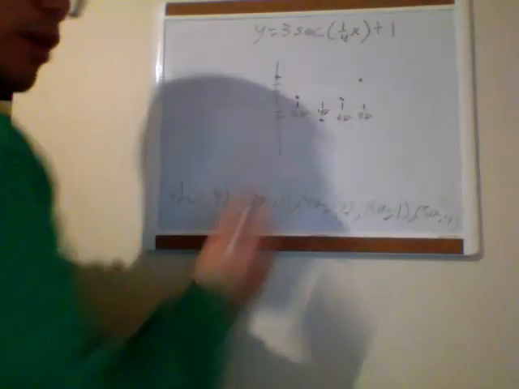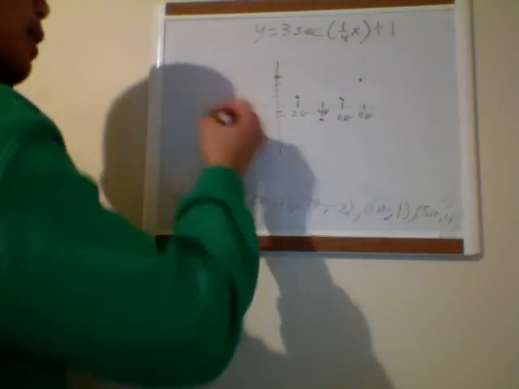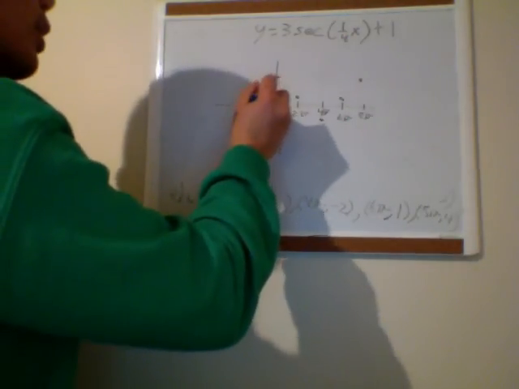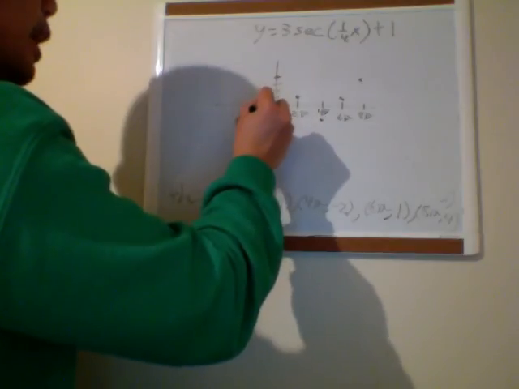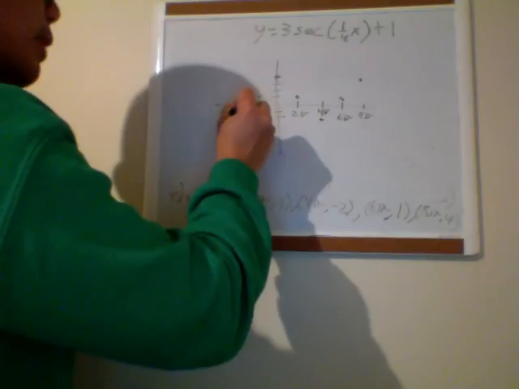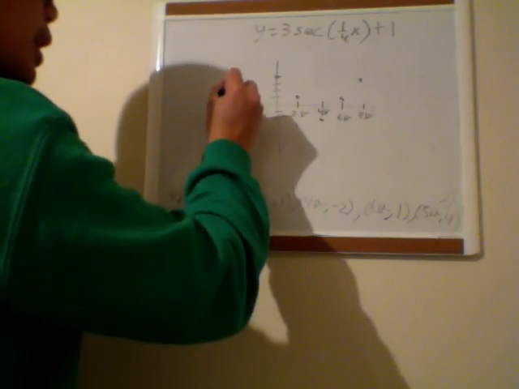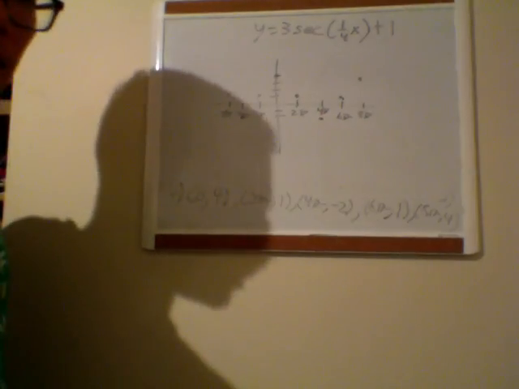Okay, I'm going to connect that, my cosine wave. I know that it's going to be an even function, so I know at negative 2 pi, I'm here. At negative 4 pi, I'm down here. At negative 6 pi, I'm at 1 again.